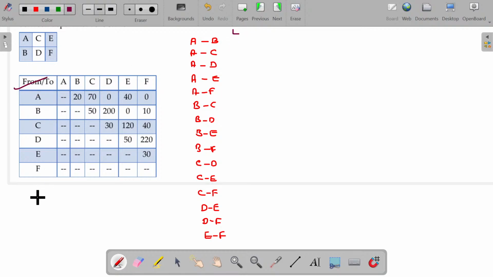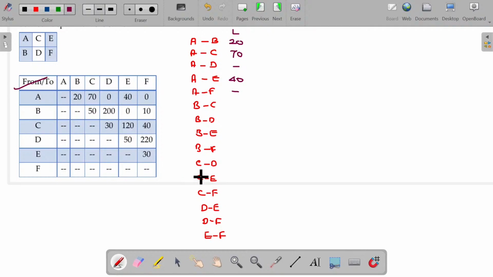The frequency or load is given here. A to B being 20 times, A to C 70, A to D 0, A to E 40 and A to F 0. So you can eliminate A to D and A to F, you need not show those at all.